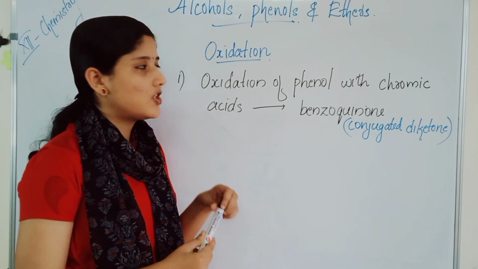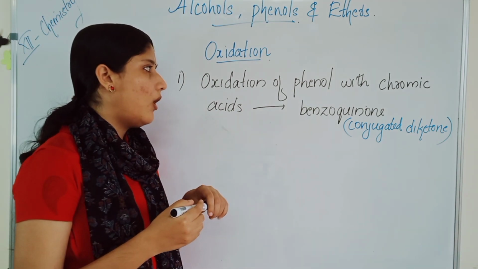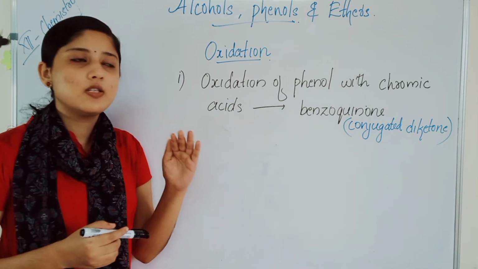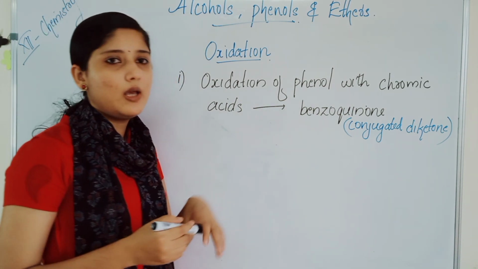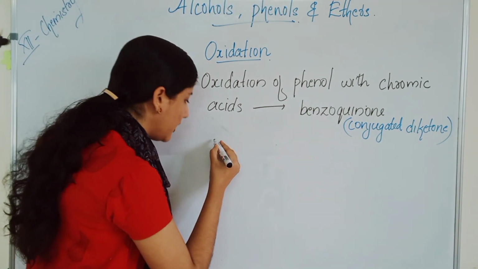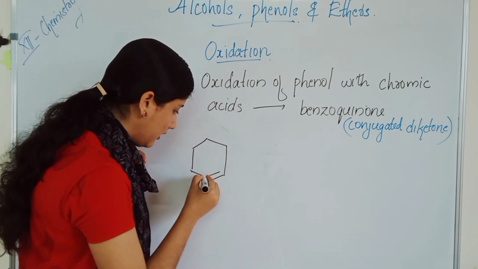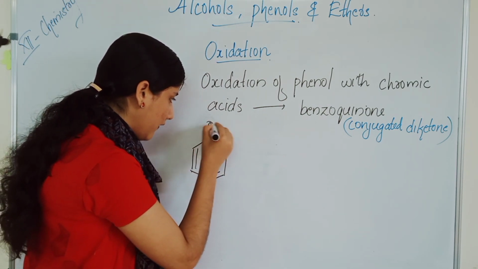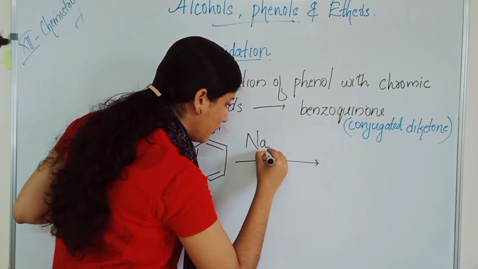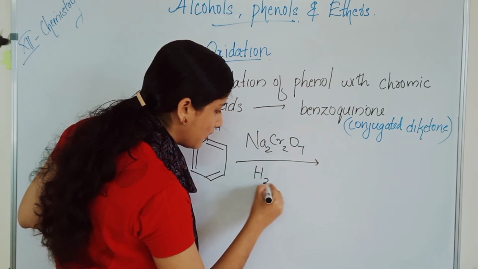The last reaction that phenol undergoes is the oxidation reaction. Oxidation of phenol with chromic acid will give you the corresponding benzoquinone. Benzoquinone is a conjugated diketone. Phenol will get oxidized in the presence of Na2Cr2O7 and H2SO4.